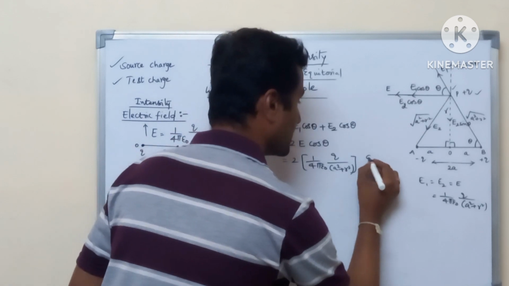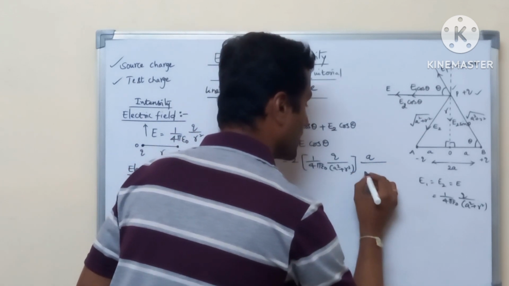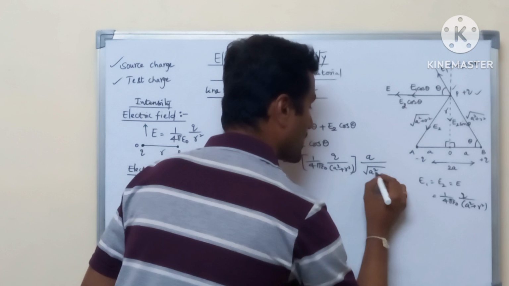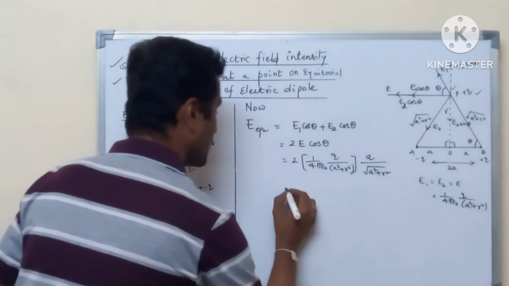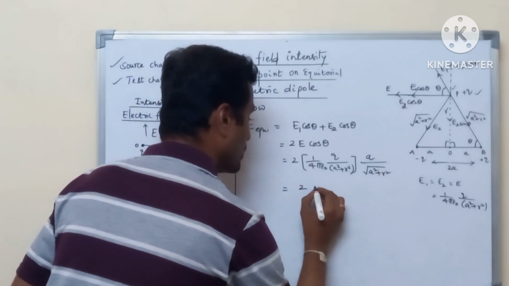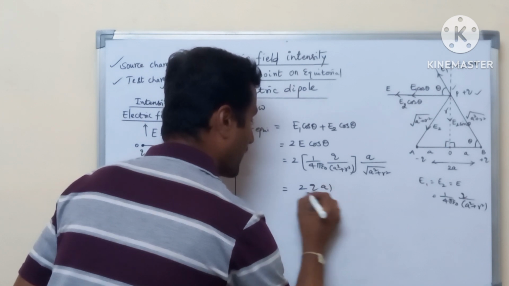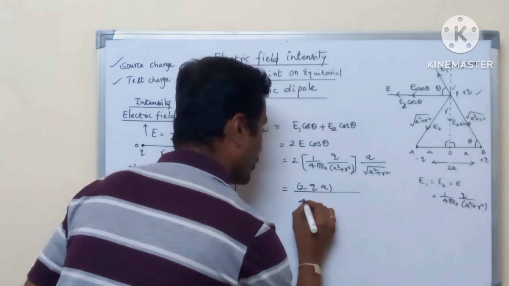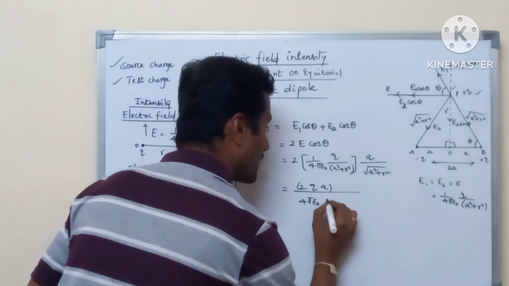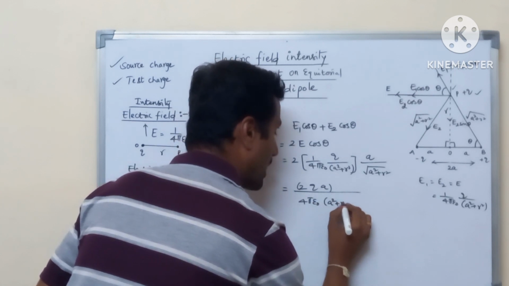Here the adjacent side is a and the hypotenuse is square root of a square plus r square. Therefore that is equal to 2q into a divided by 4 pi epsilon naught a square plus r square.